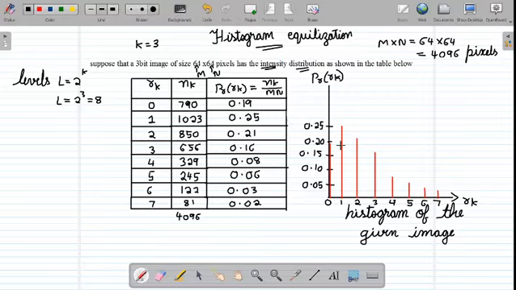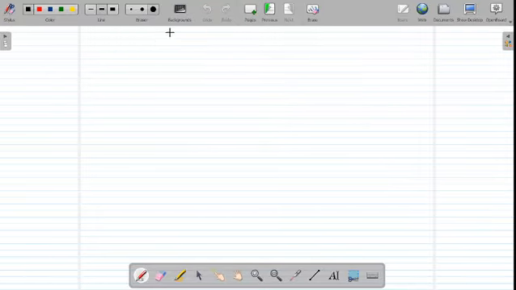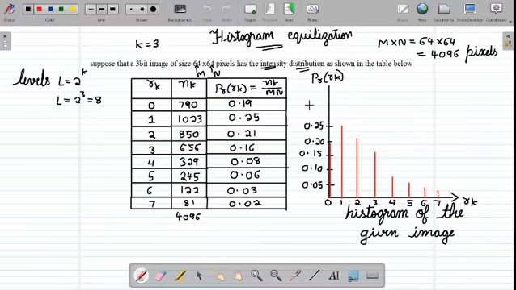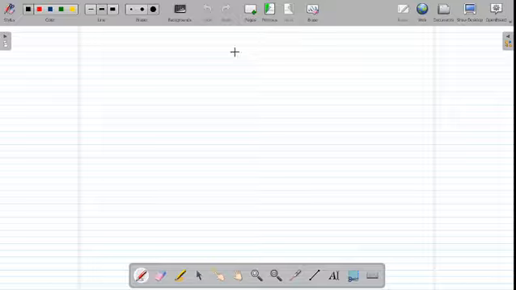Now what we need to do is equalize this histogram. That is called histogram equalization. In order to equalize this histogram, we already have the value rk.